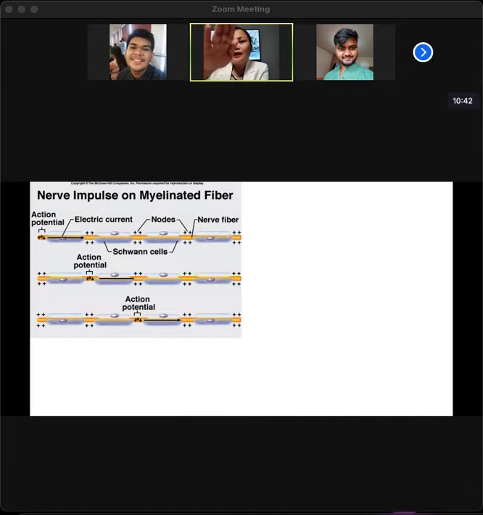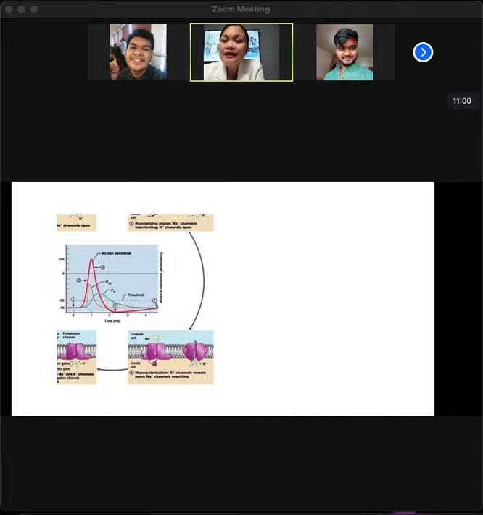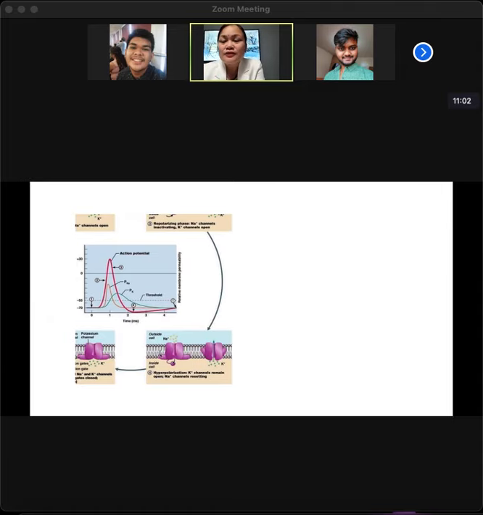So, mas mabagal yung pag-conduct niya ng impulses. Yan din yung one explanation why your A fibers are faster than your C fibers for pain conduction. Naintindihan? So again, as I have explained a while ago, yesterday pa yung lecture natin, your action potential.